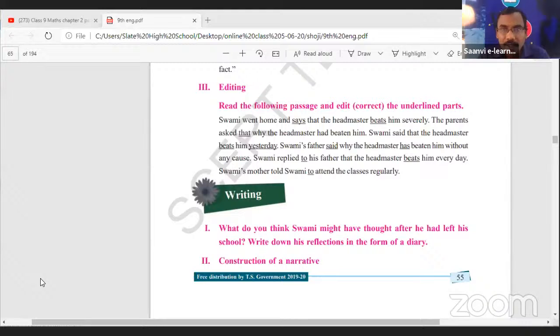Swami said that the headmaster had beaten him the previous day.